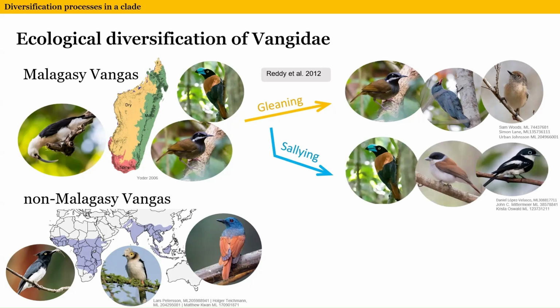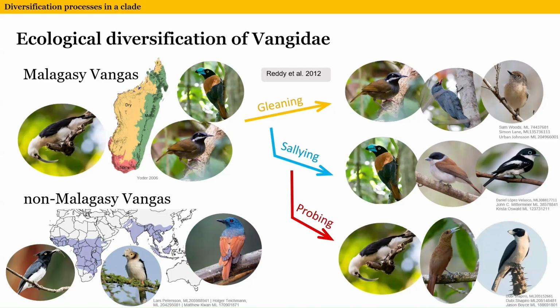From within that group, a single subclade of Vangas evolved the sallying behavior. Essentially, they fly out from a perch to pick up food. And then finally, from within the sallying clade, another clade evolved probing behaviors, essentially reaching into substrates to find food. These are really broad categories, as you can see from the pictures. Within each of them, there is a lot of diversity.